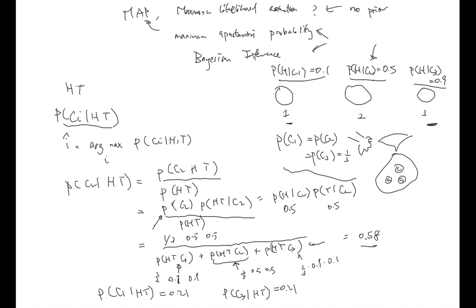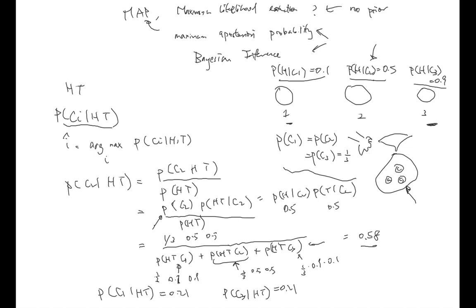Now this is a maximum likelihood estimate without using the prior information. If I give you some prior information, let's say I know how many type 1 coins, type 2 coins and type 3 coins there are.